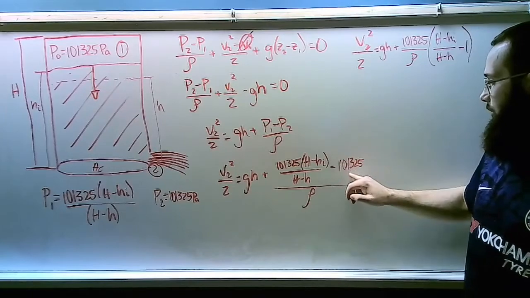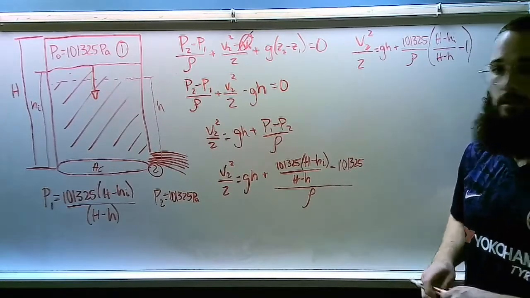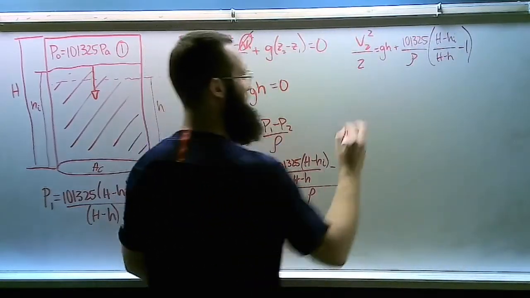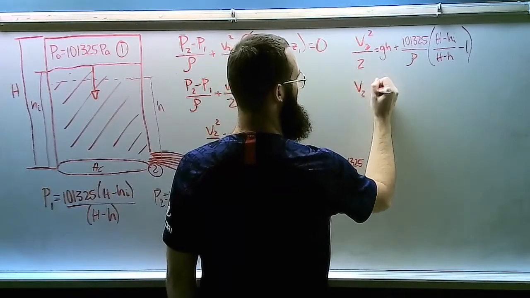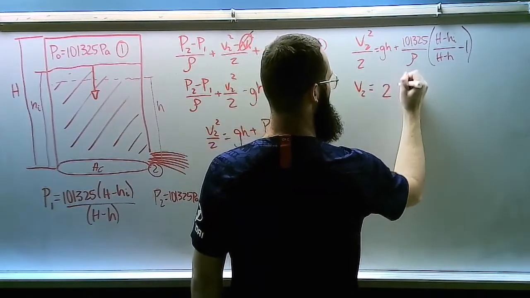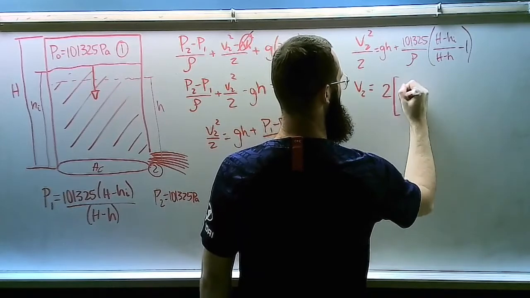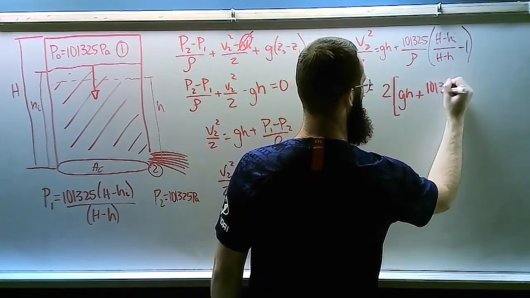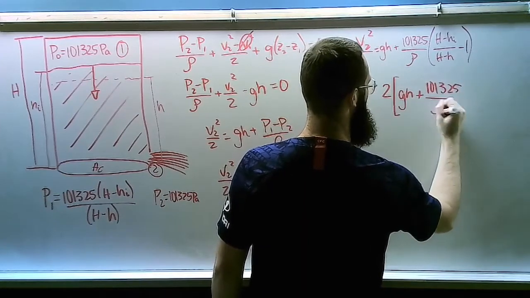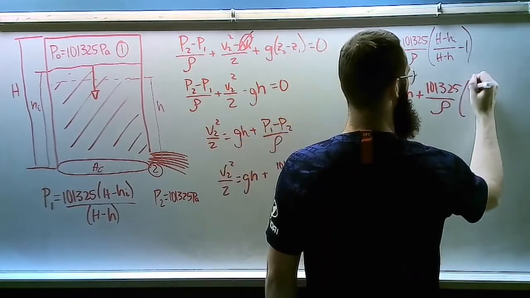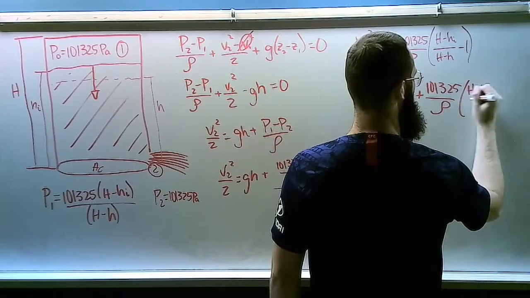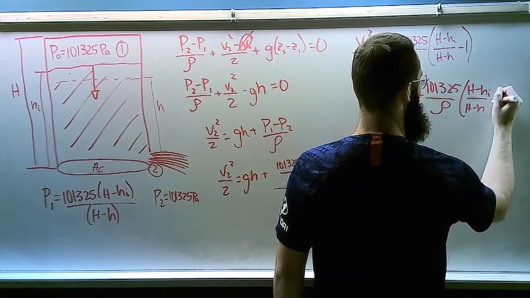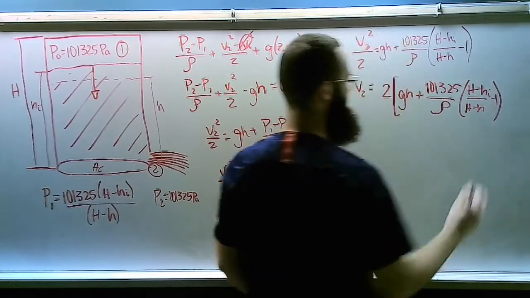And that's where that 101,325 came out. So now we need to finish solving for V2. We get V2 is equal to the square root of 2 times gh plus 101,325 divided by rho times H minus HI over H minus small h, minus 1.